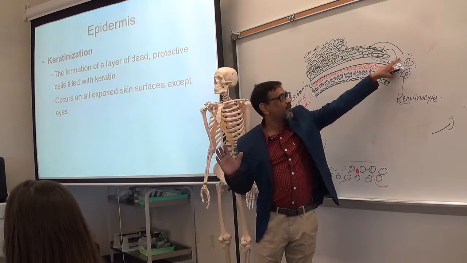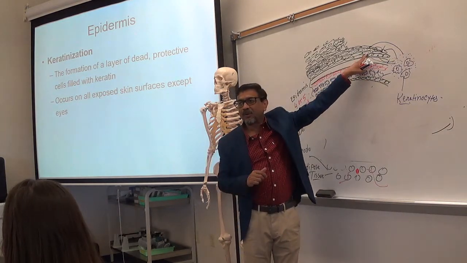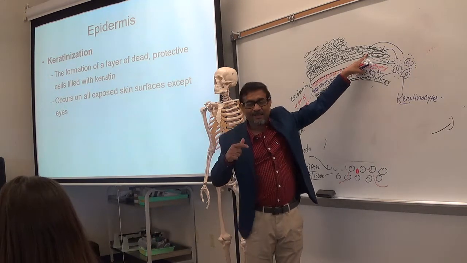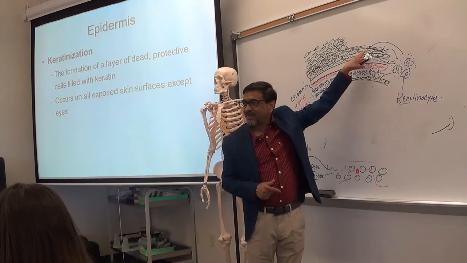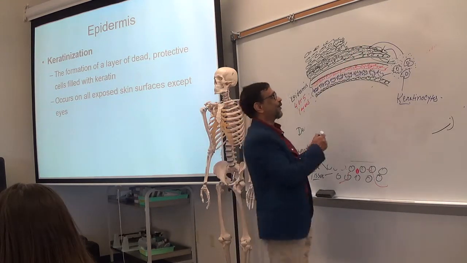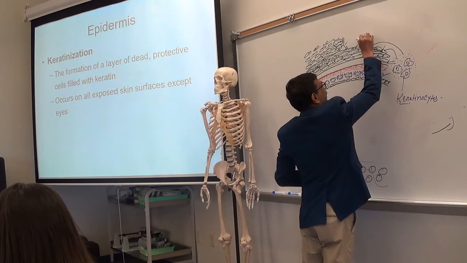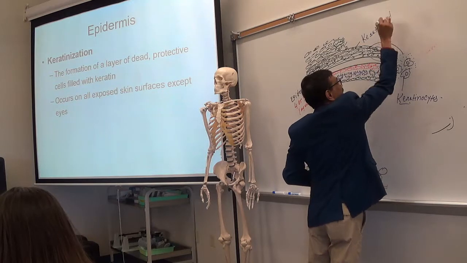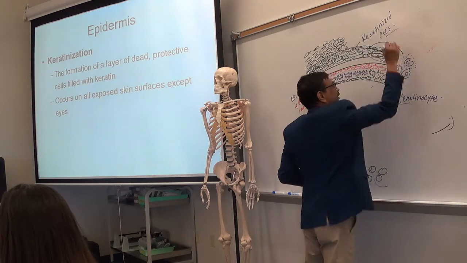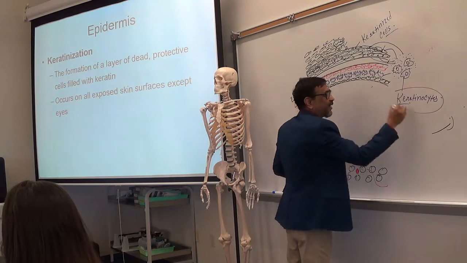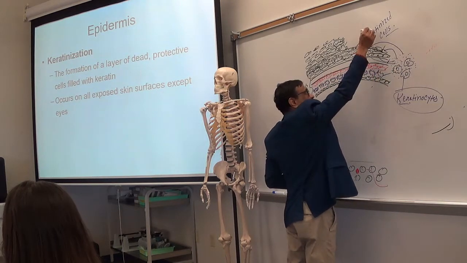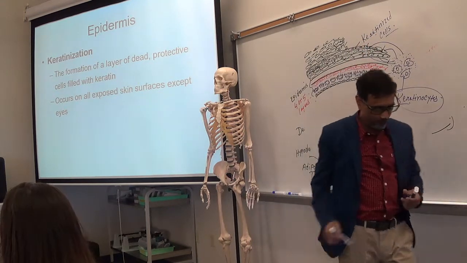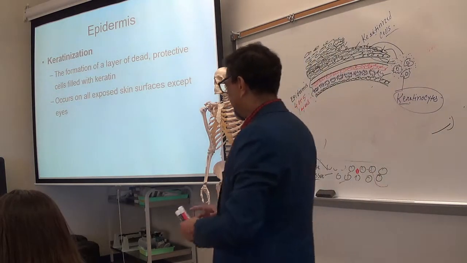And keratin, these protein molecules enter into what type of cells? Dead squamous cells, right? And make these cells keratinized cells. So keratinocytes produce and secrete keratin. Keratinized cells are dead squamous cells that are filled with keratin. Okay. And this process is called keratinization.